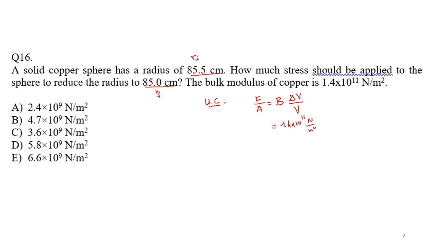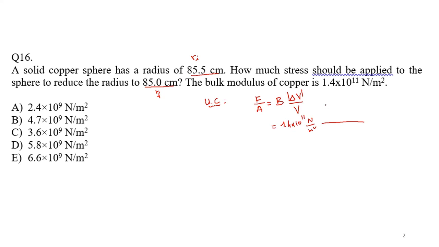Of course, as I told you, for this delta V I mean the absolute value, because when I have uniform compression, the final volume is smaller than the initial volume. So what is the change in volume? The change in volume will be the final volume minus the initial volume.